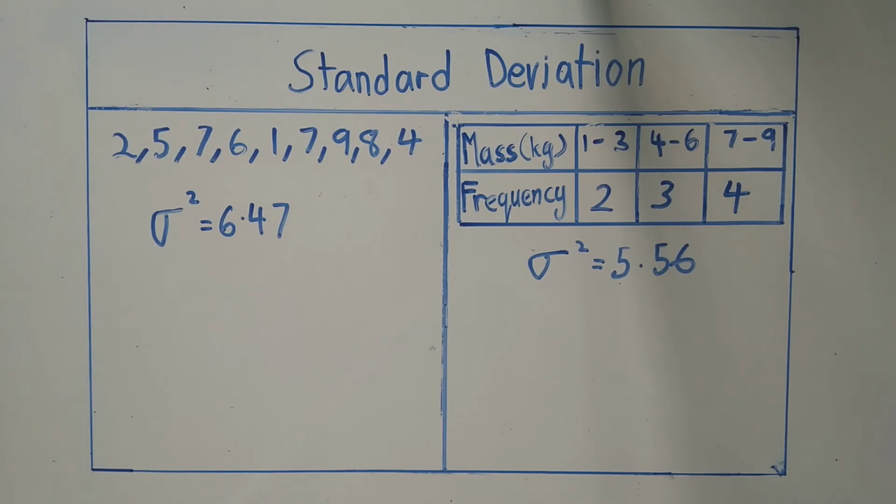The standard deviation measures the variation of values in the dataset. To calculate the standard deviation for both ungrouped and grouped data, we just have to square root the variance.